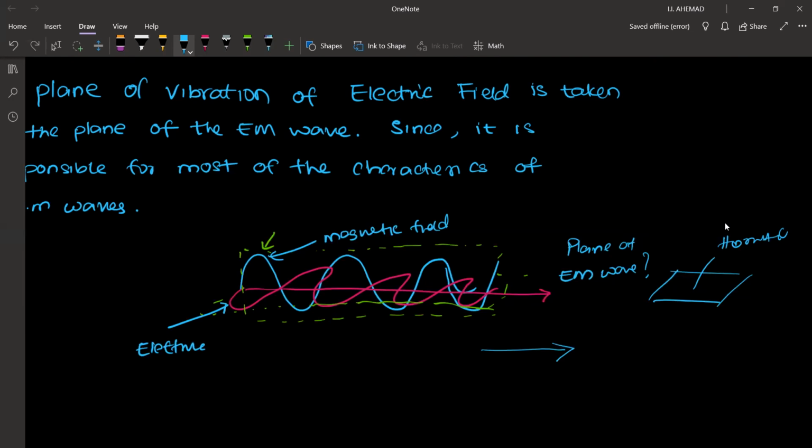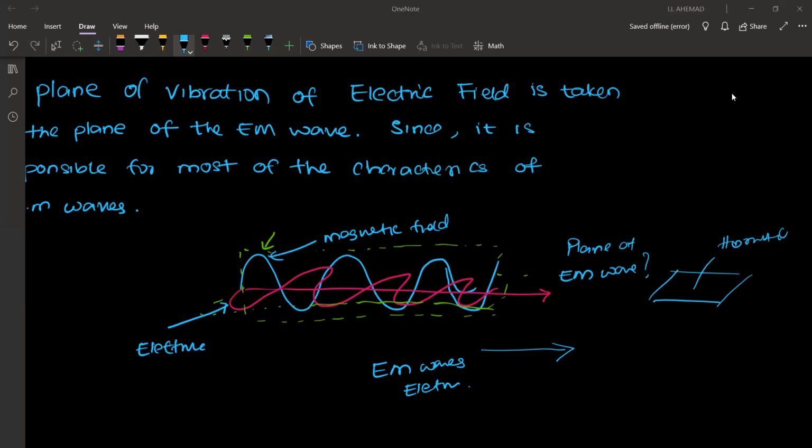Why are we selecting the electric field, not the magnetic field? Most of the characteristics EM waves show is due to the electric field.